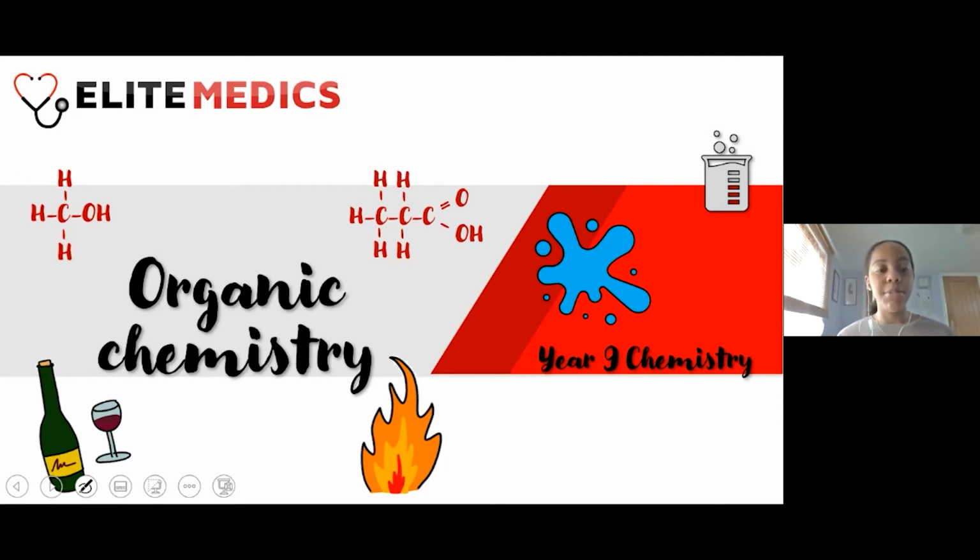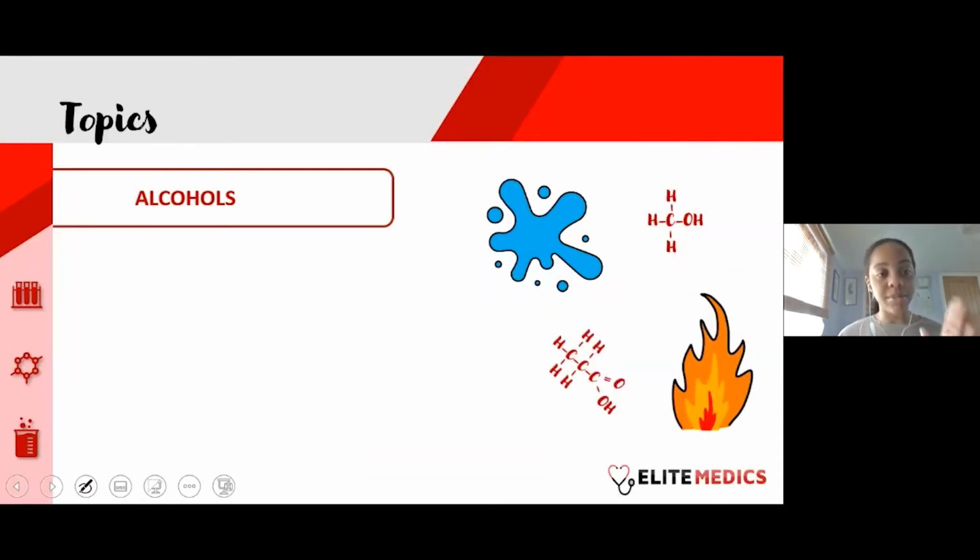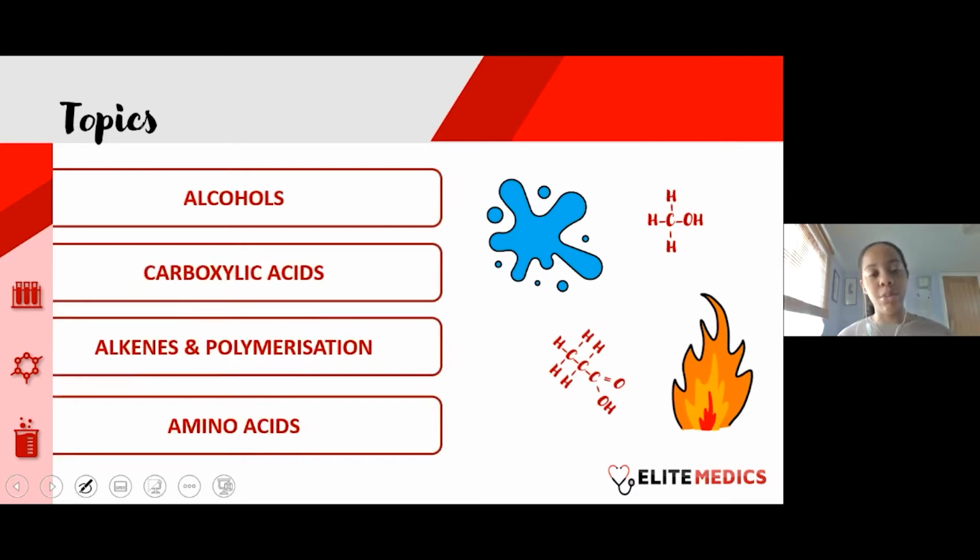So in particular with organic chemistry, we are going to be covering alcohols, carboxylic acids, alkenes and polymerization. That's really important. And then finally, we're going to end it off with amino acids, okay? All things organic, as you guys can probably see.